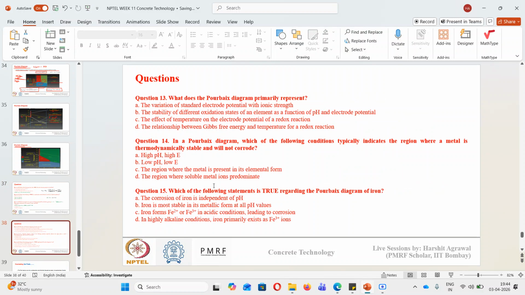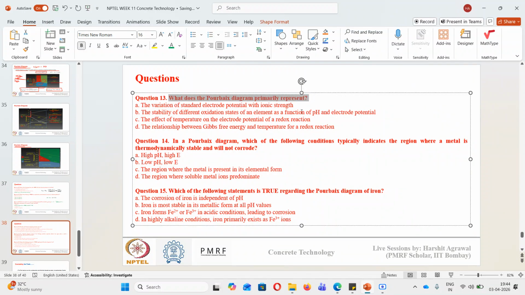Now try to answer these three more questions. These are related to the Pourbaix diagram, so it will clarify your understanding about the Pourbaix diagram. Question number 13: what does the Pourbaix diagram primarily represent? So what are we understanding from the Pourbaix diagram, can anyone tell me?